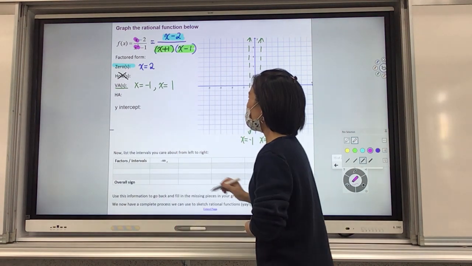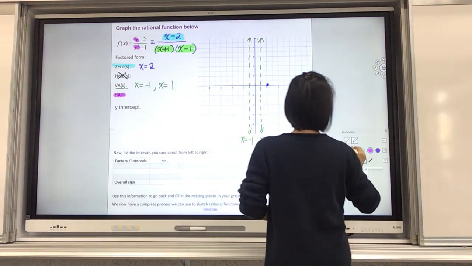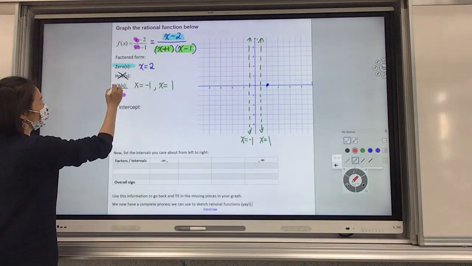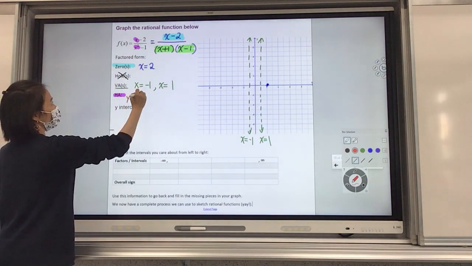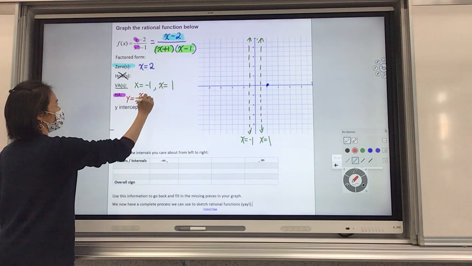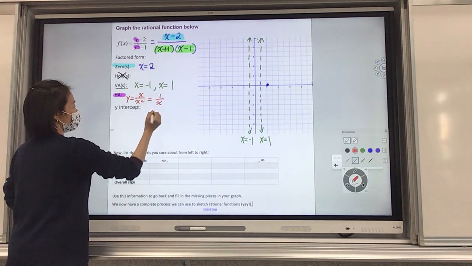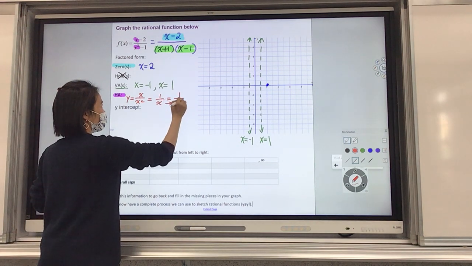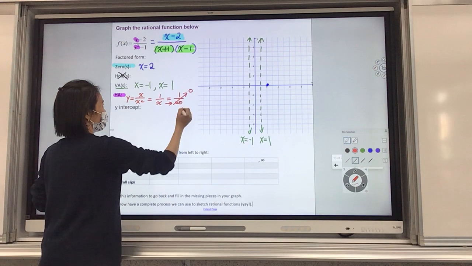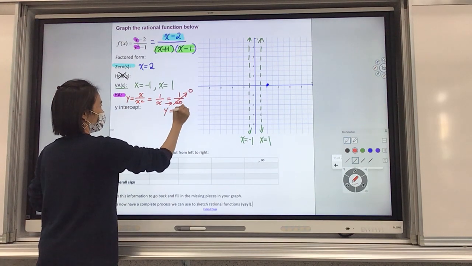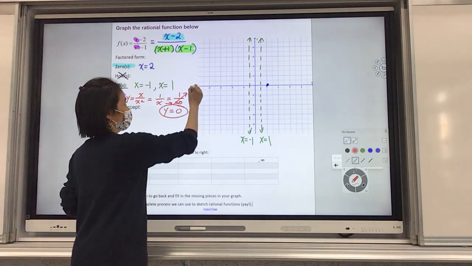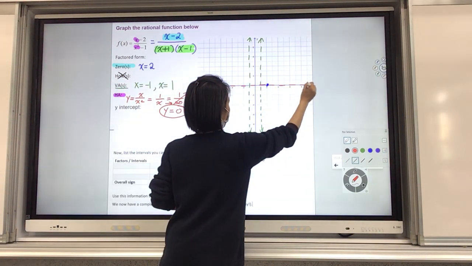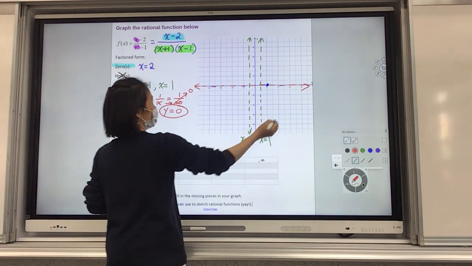So the horizontal asymptote will be y equal to 0. We can try to divide: x divided by x squared is 1 over x. So when x becomes infinity, this will approach 0. So y equal to 0 will be the horizontal asymptote.